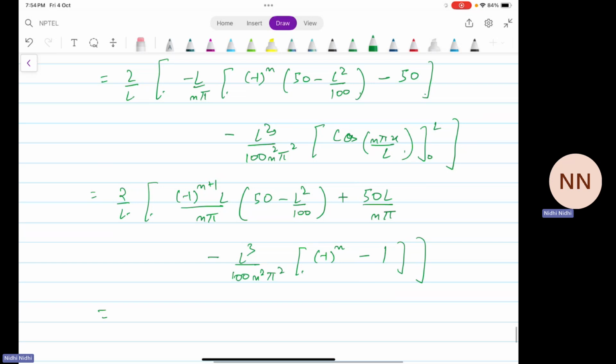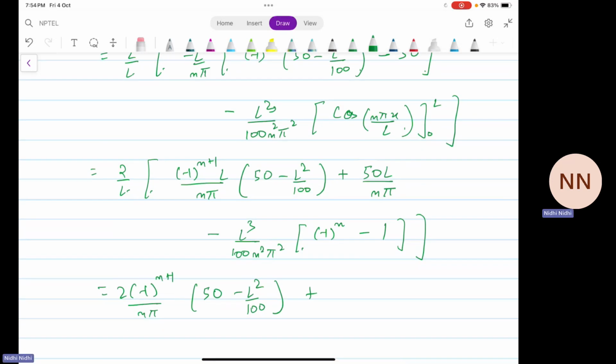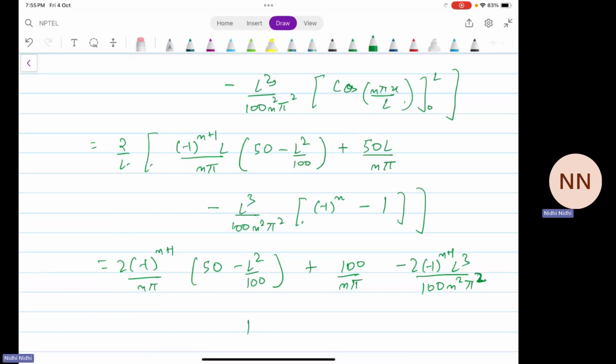So this is minus 1 to the power n plus 1 by n pi times 2 times 50 minus L square by 100, plus 100 by n pi, minus 1 to the power n plus 1 times 2 L cube by 100 n square pi square, plus... by L, no?